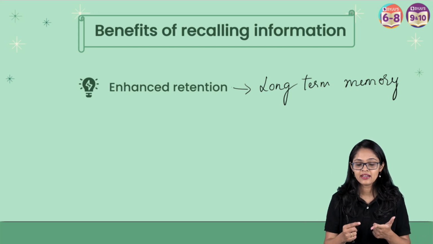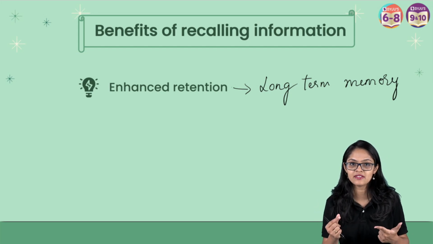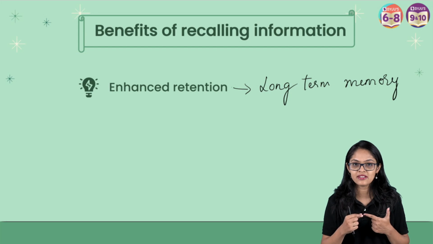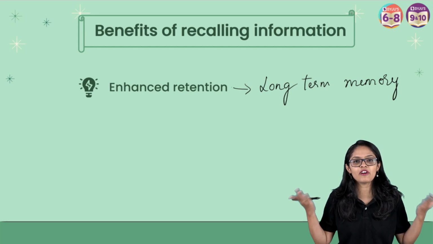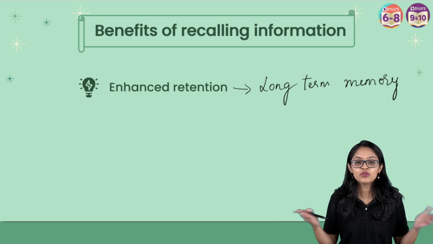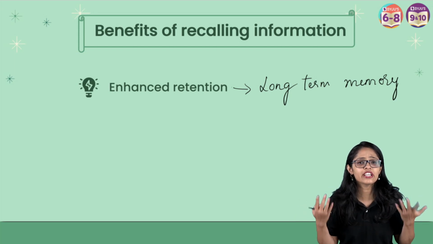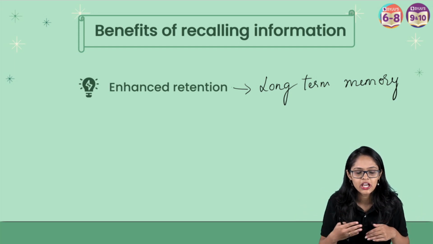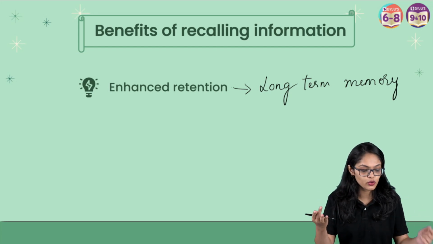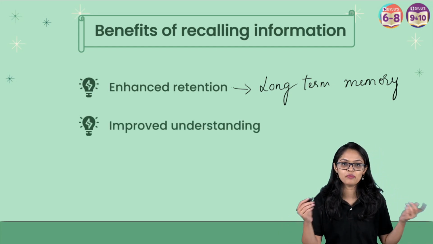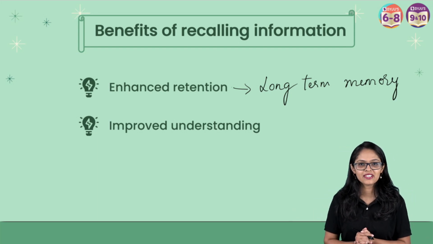That means all the functions, the life processes, every process happens inside the cell. That is the meaning of functional unit. So you have understood the concept better. When you recall a particular concept, you understand it better and better every time. Thereby, it improves your understanding of the concept as well.